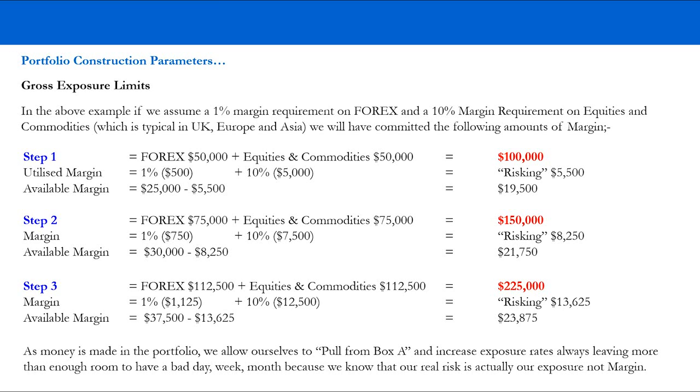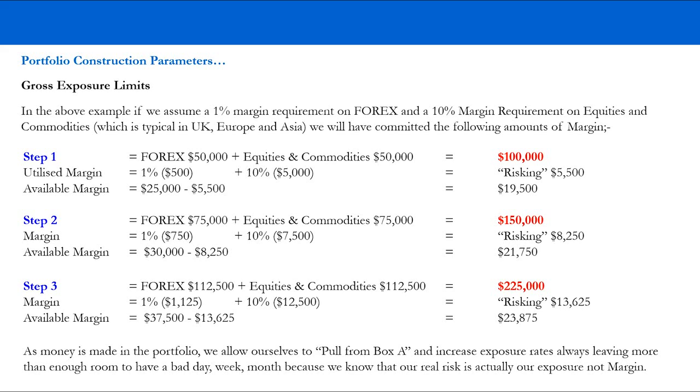Our available margin is $30,000 at the beginning of step 2, minus the $8,250 we're risking, leaving $21,750 as our cushion never to receive a margin call. In step 3, our Forex exposure is $112,500 plus $112,500 in equities and commodities, giving a gross exposure of $225,000.